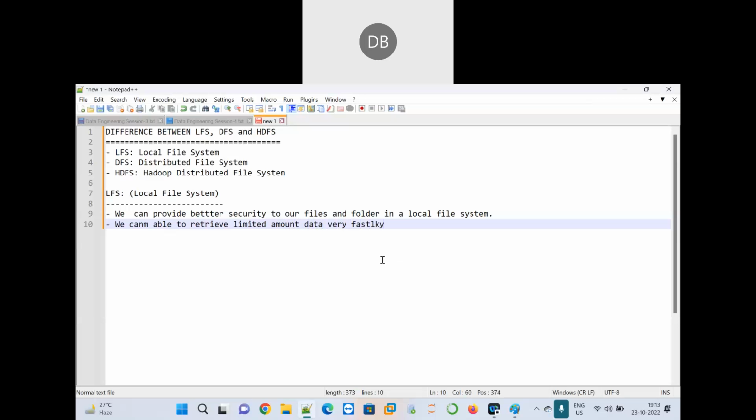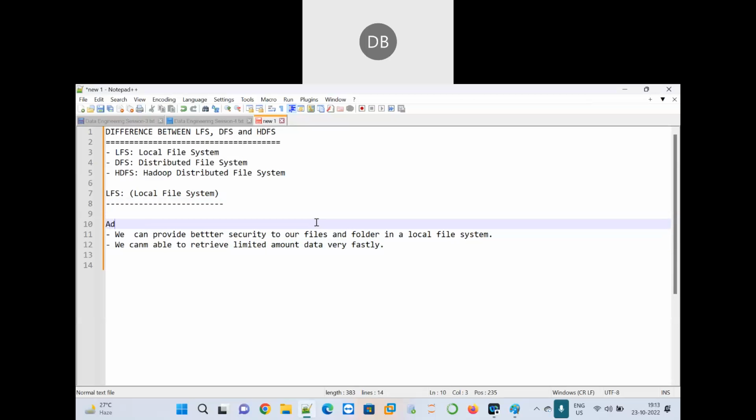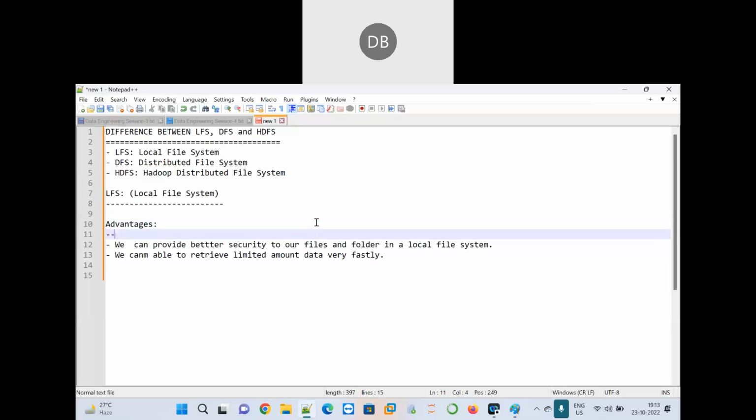Okay. Any other? So these are the two advantages. First of all, we can provide better security. The second one, we can retrieve a small amount of data very fast.